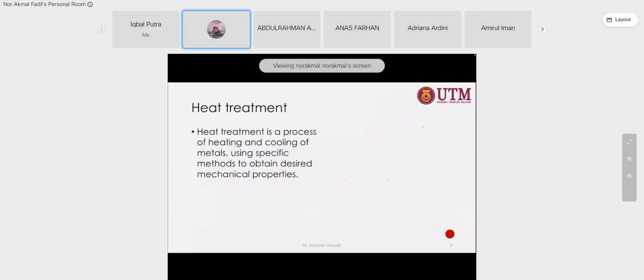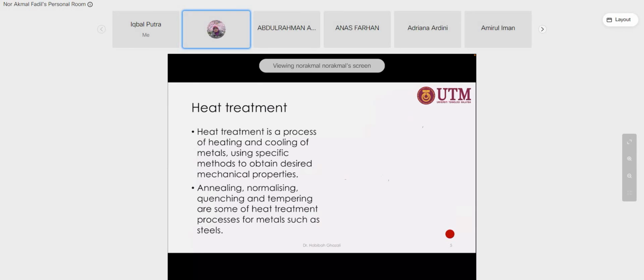Okay. Heat treatment is a process of heating and cooling of metals using specific methods to obtain desired mechanical properties. Okay, we have annealing, we have normalizing, quenching, tempering. Okay, there are some heat treatment processes for metal such as steel.